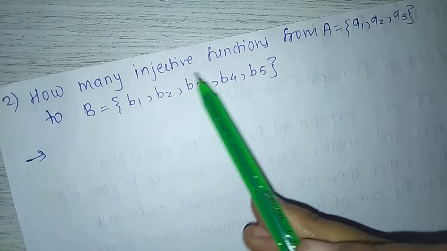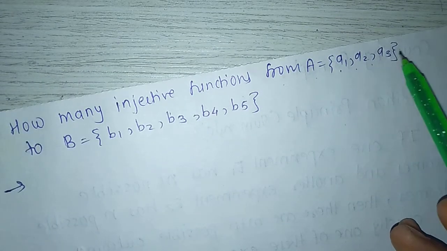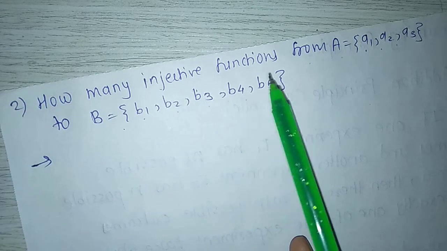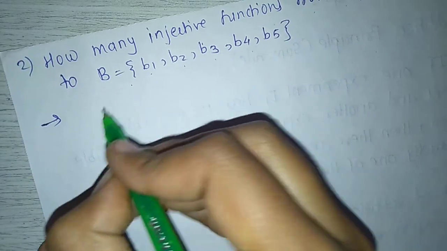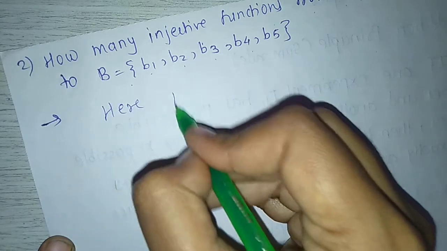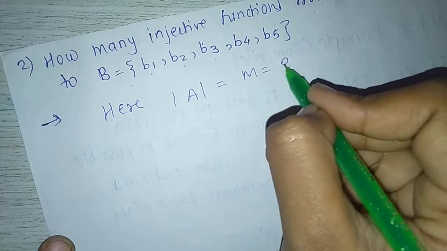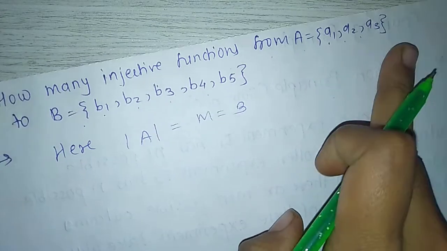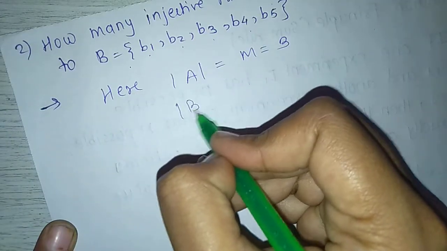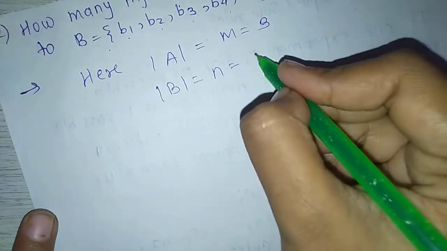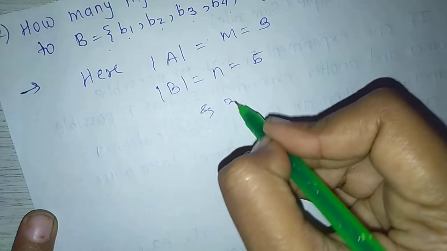How many injective functions are there from A equal to the set {A1, A2, A3} to B equal to {B1, B2, B3, B4, B5}? Here the order of A is m, which is equal to 3, and the order of B is n, which is equal to 5, and 3 is less than 5.